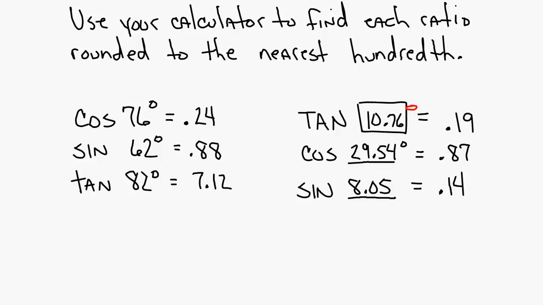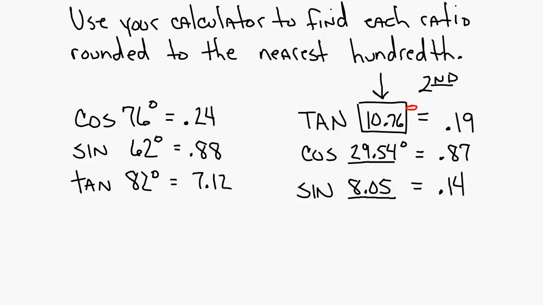So does everybody see how to use the sin, cos, tan button and then the second sin, cos, tan button? It's going to be set up like tangent blank equals 0.19. When you have to find the angle measure, you have to use the second button on the calculator.